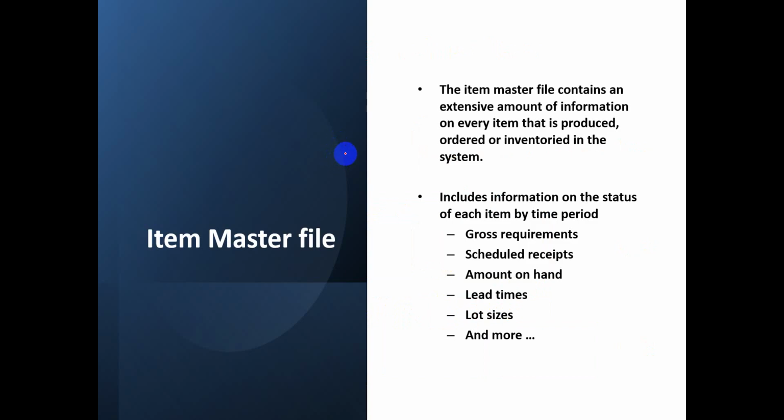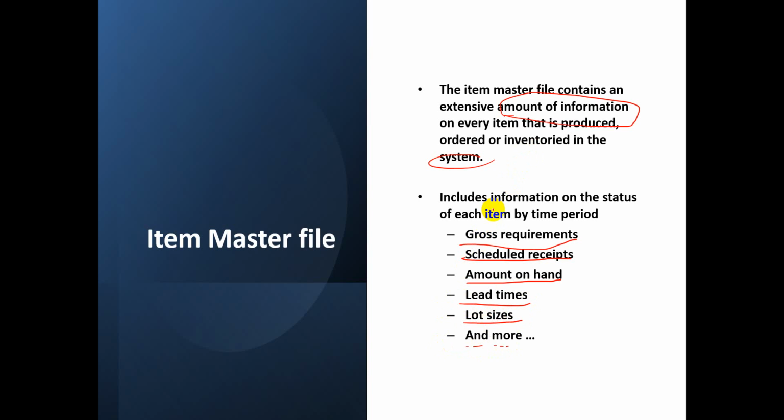Item master file. This item master file contains an extensive amount of information on every item produced or ordered and involved in the system. That includes the gross requirement, scheduled receipts, amount on hand, the lead times, the lot sizes, and more.